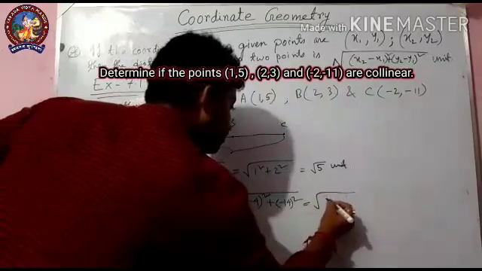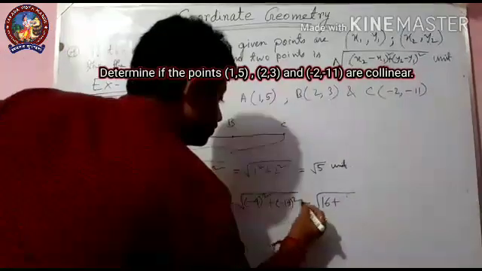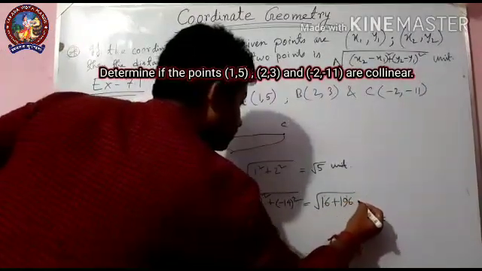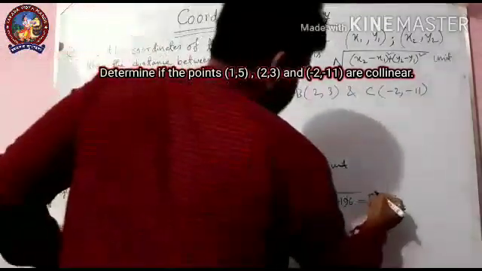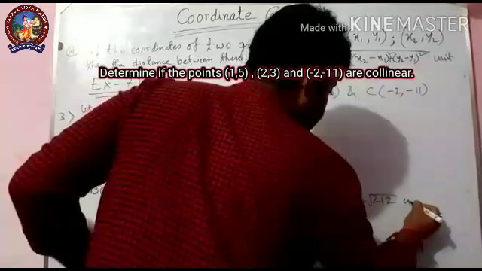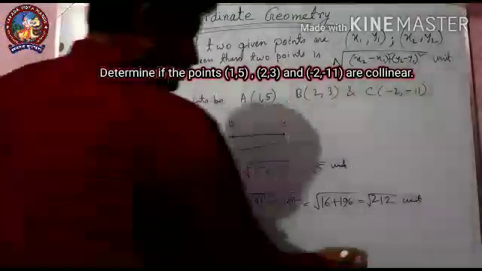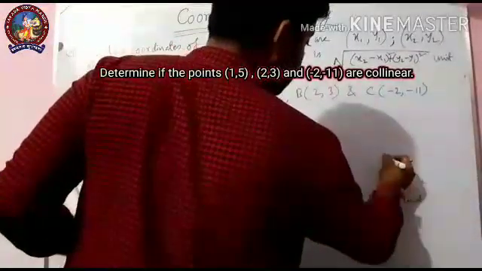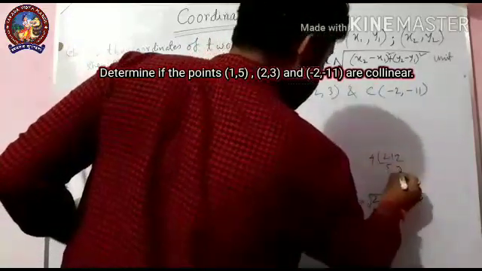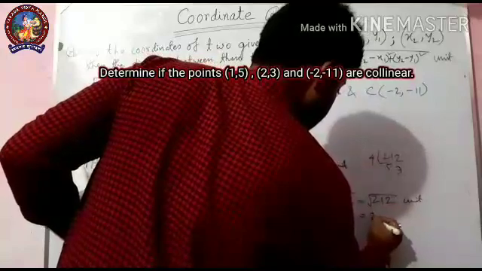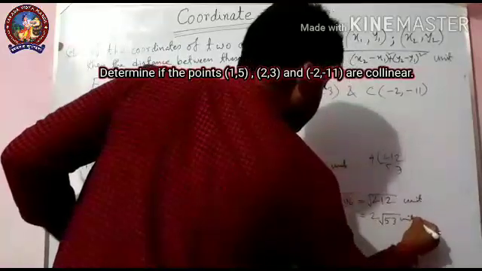That is root over 16 plus 196. That gives root over 212 units. This is 212, which is 4 times 53. So this means 2 root 53 units.